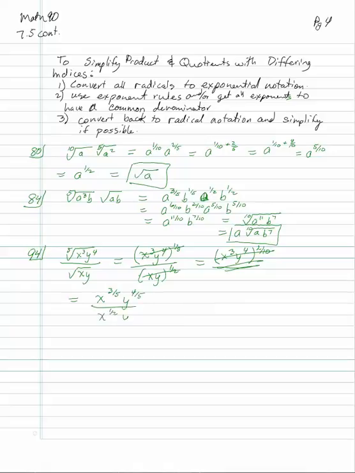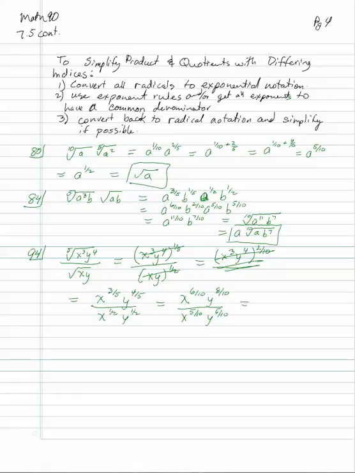x to the 1/2, y to the 1/2. Now again, I want them all to have the same denominator because my goal is to convert it back to radical notation, just have one radical. So I'm going to make them all tenths, so that'd be 6/10, 8/10, 5/10, 5/10.